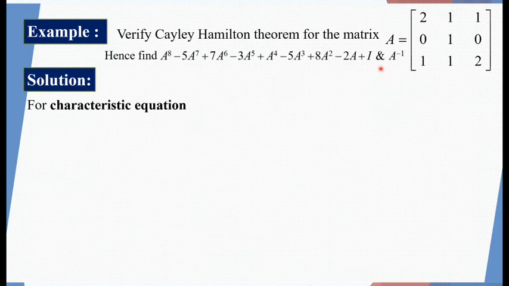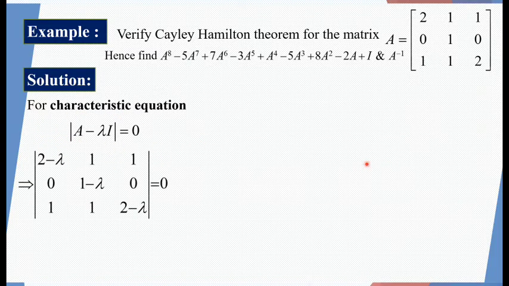So to solve it, first we have to find the characteristic equation, and for the characteristic equation determinant of A minus lambda I equals to 0. So when we subtract lambda I from this particular matrix and put the entire matrix in the determinant, we get 2 minus lambda, 1, 1, 0, 1 minus lambda, 0, 1, 1, 2 minus lambda equals to 0, and on expanding this determinant along second row, because it contains maximum number of 0, only one element remains.